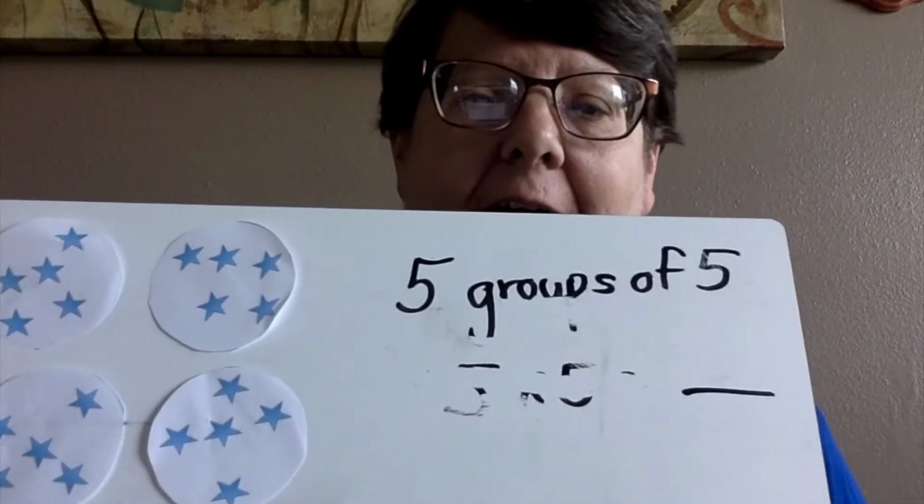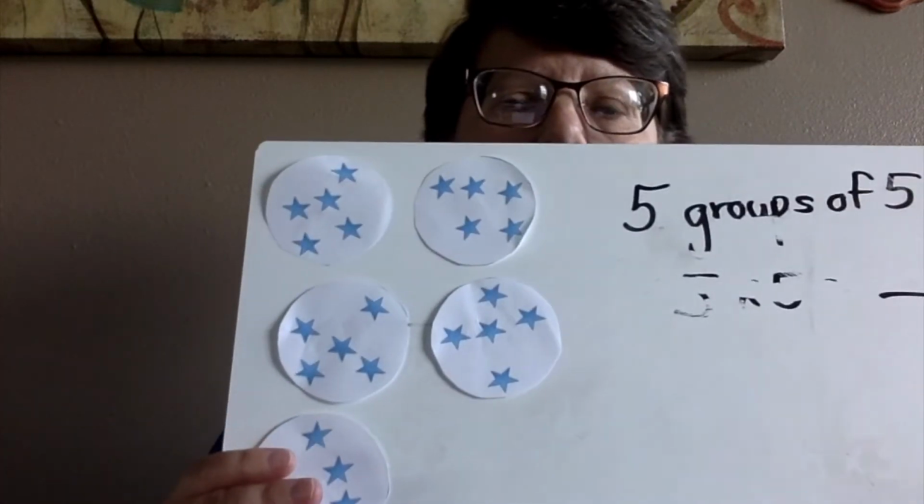Now I have 5 groups of 5. Think about it for a minute. I would write the equation as 5 times 5 equals blank. If you know it, you can write the answer.